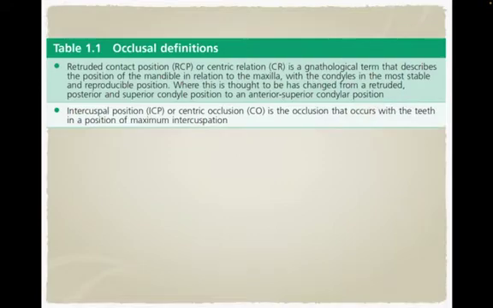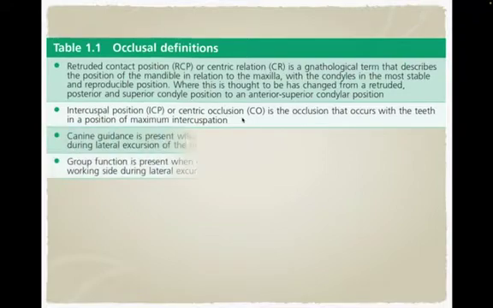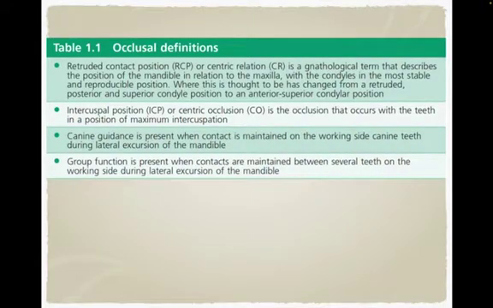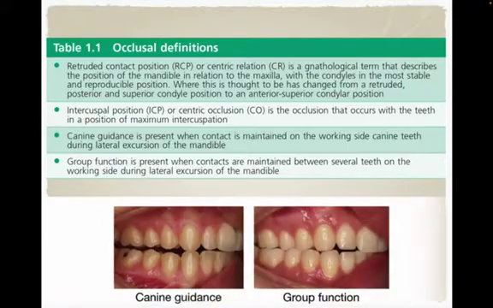Now we have the intercuspation, or the centric occlusion, which is basically the occlusion that occurs with the teeth in position of maximum intercuspation. Then we have what we call canine guidance and group function guidance. Canine guidance is when the patient is sliding to the left or the right side, in lateral movement, and the only tooth that has a contact is the canine.